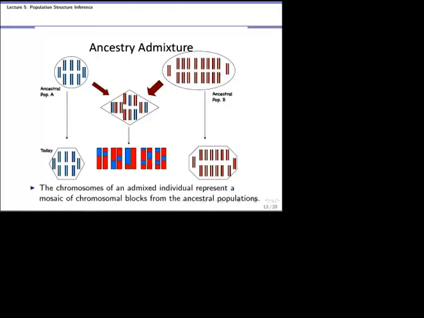The con is that you're not going to identify a causal variant, for example one causing high blood pressure, if you see it in equal proportions in the Europeans and the Africans. You have no chance of finding it with admixture mapping, because you can have it with European ancestry or African ancestry. You only get a signal if you see large frequency differences of the causal variant in the ancestral populations.